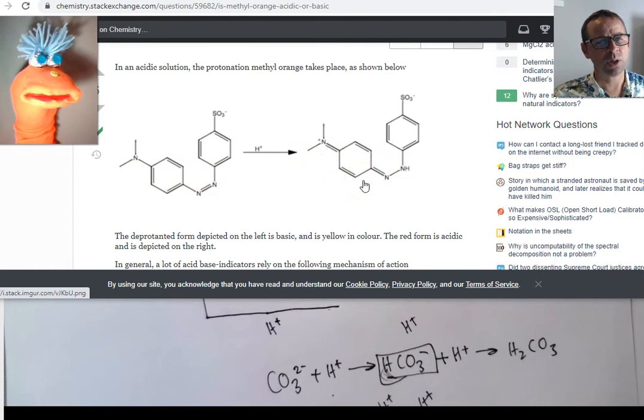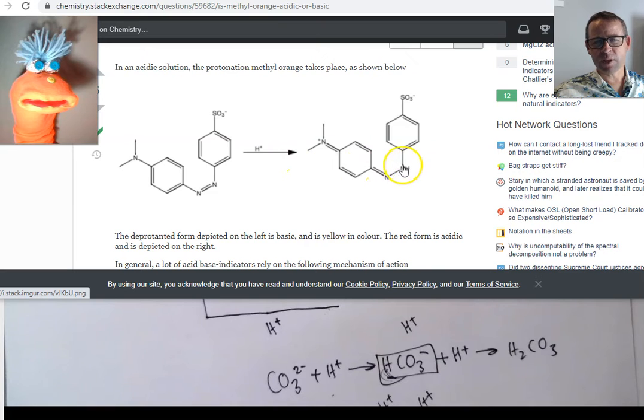Oh, I'm sorry, the hydrogen's not going onto this nitrogen here, it's going onto this one right here. There it is. And that changes our conjugation. Now we have an extended conjugation starting from here all the way down to here, but then it's broken, or it's changed right about here. And so you get a color change, all right?